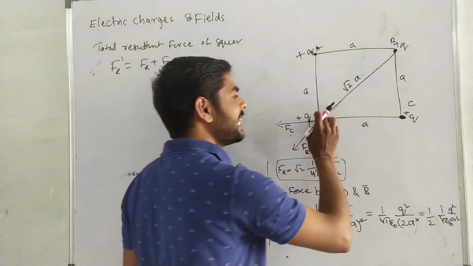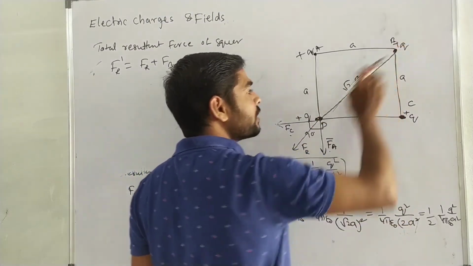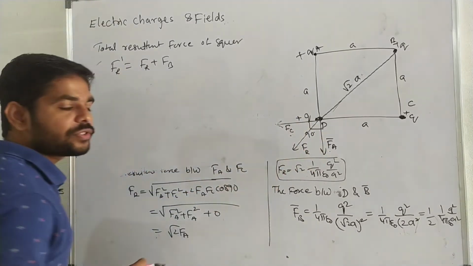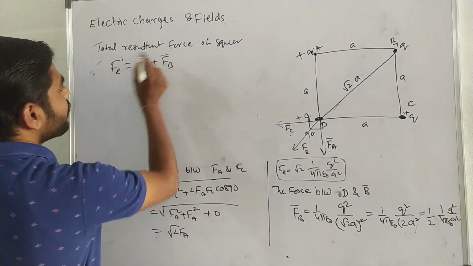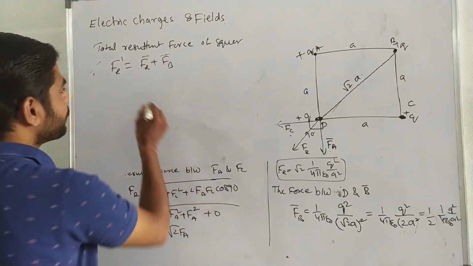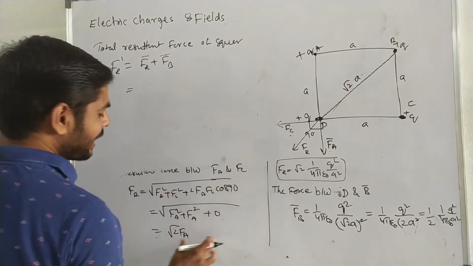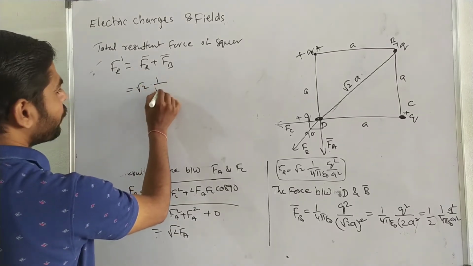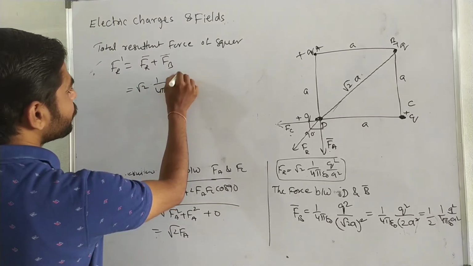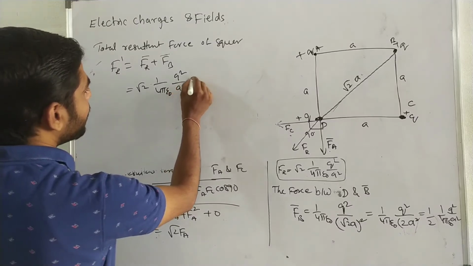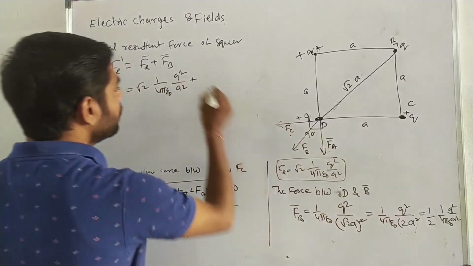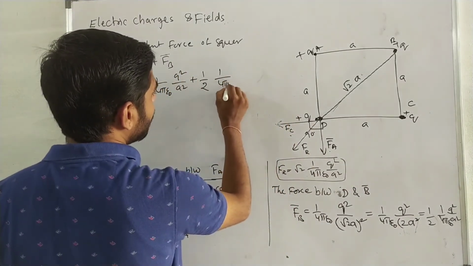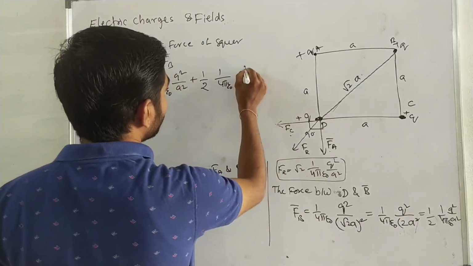Here the force is created individually by plus q and minus q. It is not connected with the Fa and Fc. That is why you have to take it as the usual individual value. Okay, substitute all the magnitude values we got. Fr we got is root 2 times 1 by 4 pi epsilon naught into q square by a square, plus Fb, which is nothing but 1 by 2 times 1 by 4 pi epsilon naught into q square by a square.